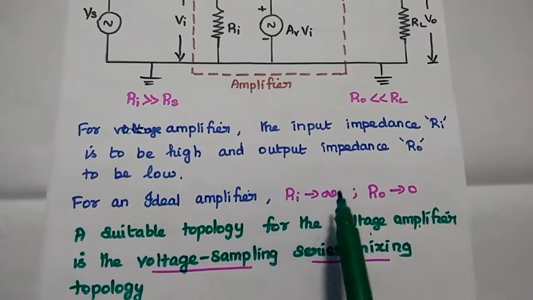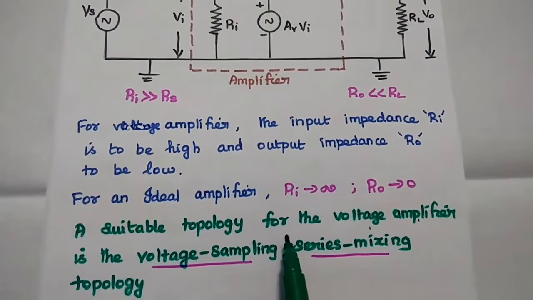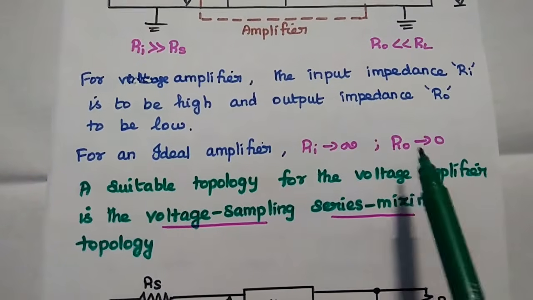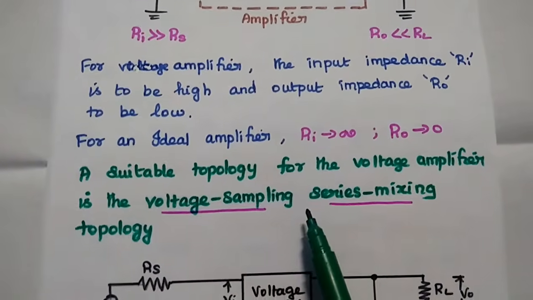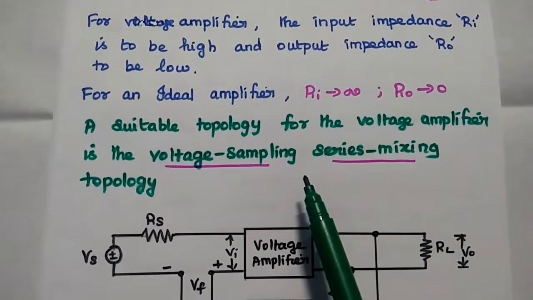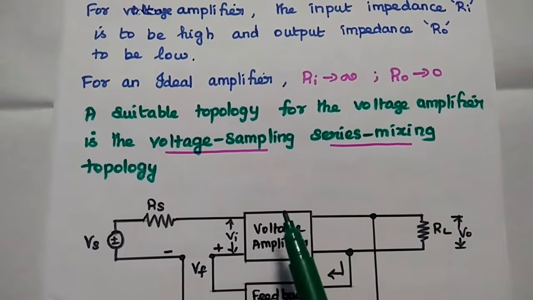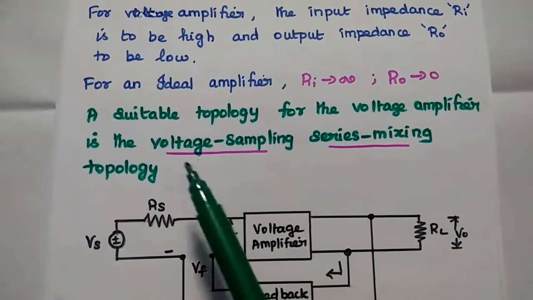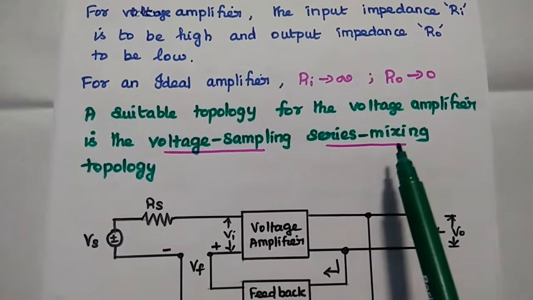In order to achieve this condition, we can select a proper feedback topology. A suitable topology for the voltage amplifier is the voltage sampling series mixing topology. That means voltage series topology.